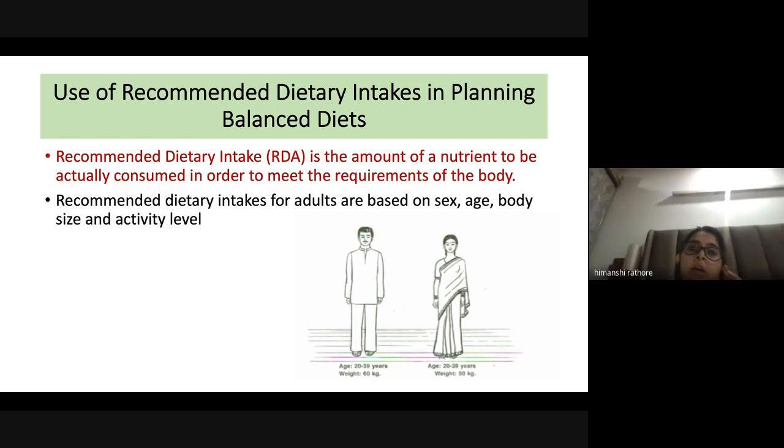Otherwise, the woman will be called underweight. So a reference man and a reference woman are given over here, and according to their weight, their activity level, their body size, the RDAs have to be decided. For a reference man, weight should be 60 kg, and for a reference woman, weight should be 50 kg.